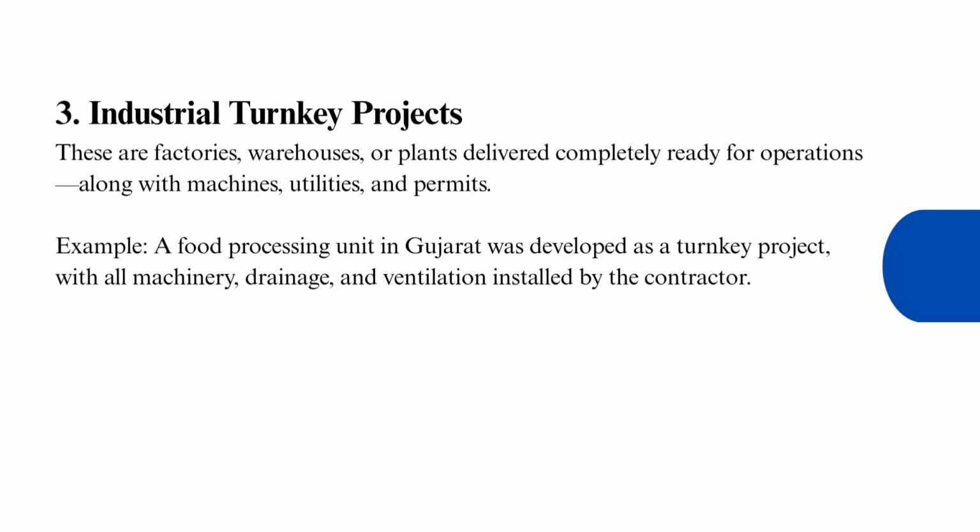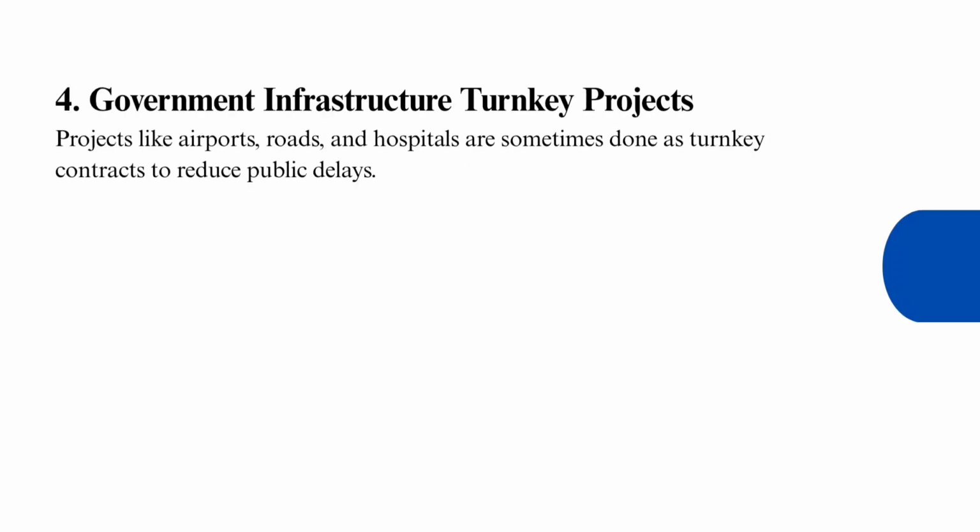These are factories, warehouses, or plants delivered completely ready for operations along with machines, utilities, and permits. The next type of project is government infrastructure turnkey projects. These are projects like airports, roads, and hospitals, sometimes done as turnkey contracts to reduce public delays. So these are the different types of turnkey projects depending upon their use.